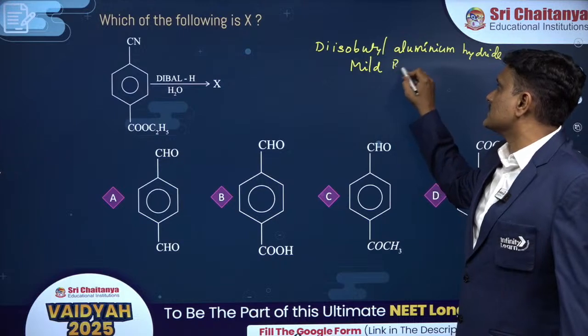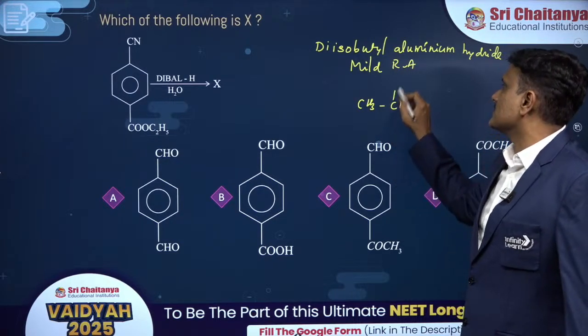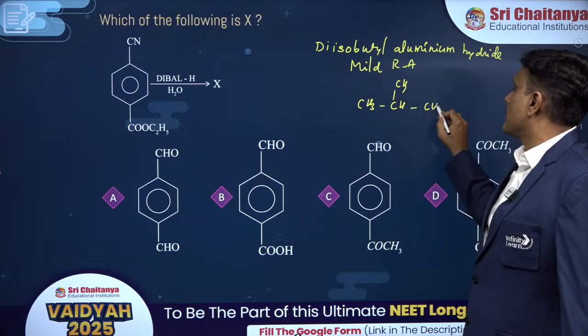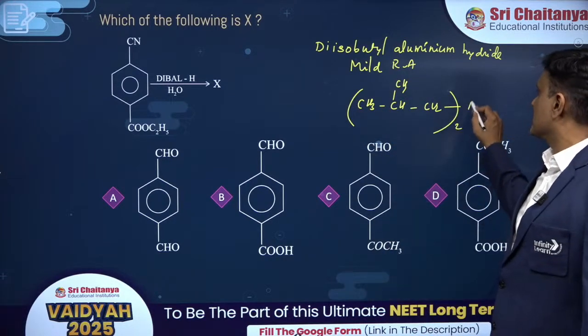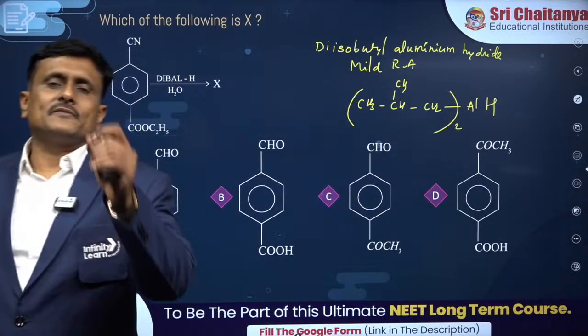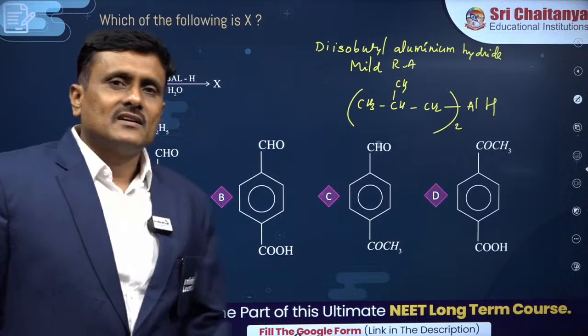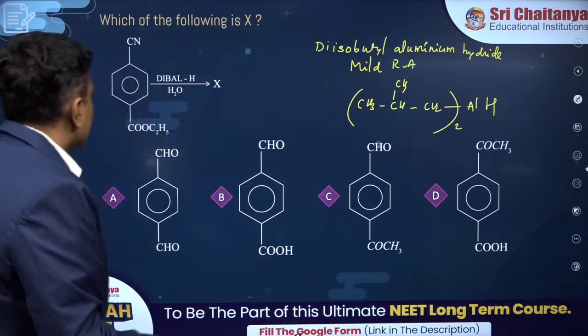Mild reducing agent. Di-isobutyl, you know, isn't it? This is isobutyl. Di-isobutyl aluminum hydride is specific for the conversion of what? Esters, carboxylic acids into aldehydes.